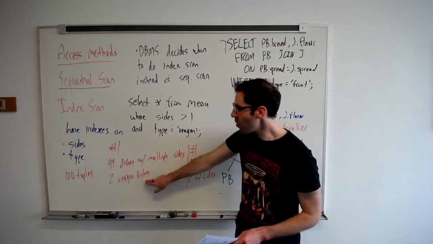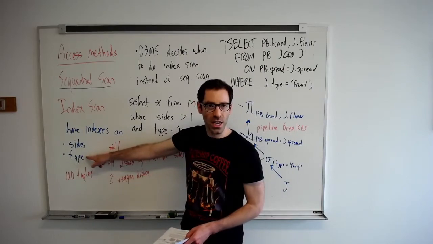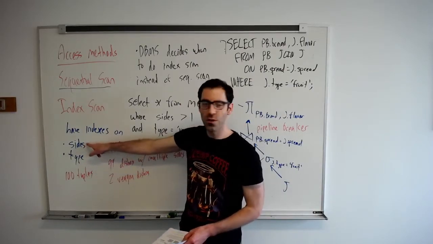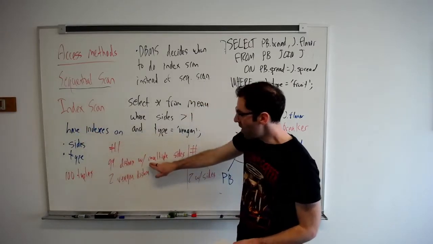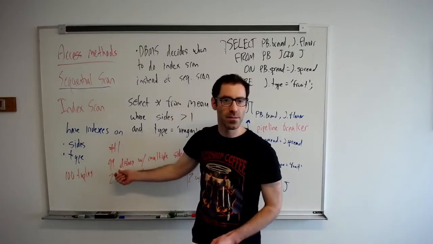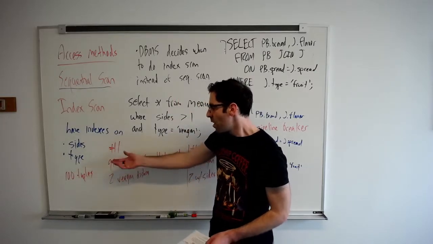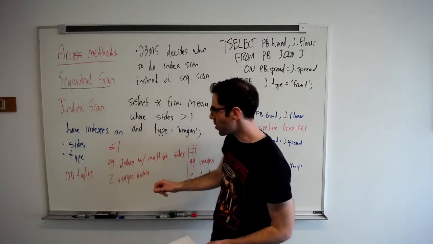In scenario 1, doing an index scan on type is going to be a lot more useful than doing an index scan on sides. An index scan on sides is going to reduce our number of tuples from 100 to 99, and so it's really not doing much for us besides being different from our sequential scan.